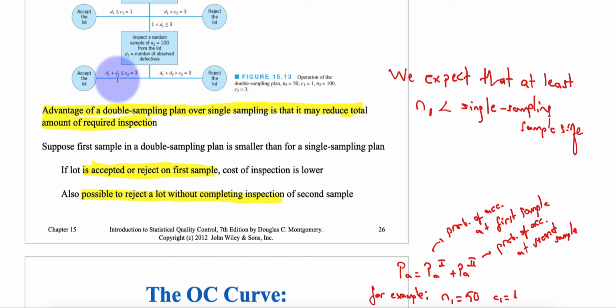If D2 were larger, it won't accept the lot. That's why in the first case, if D1 is 2, D2 must be 0 or 1.